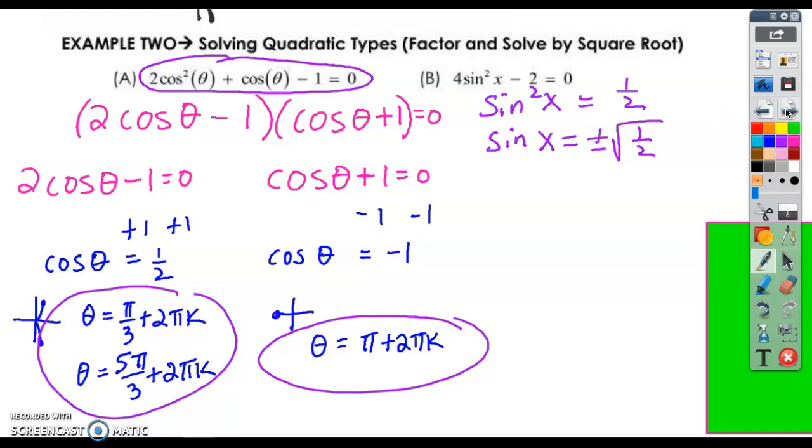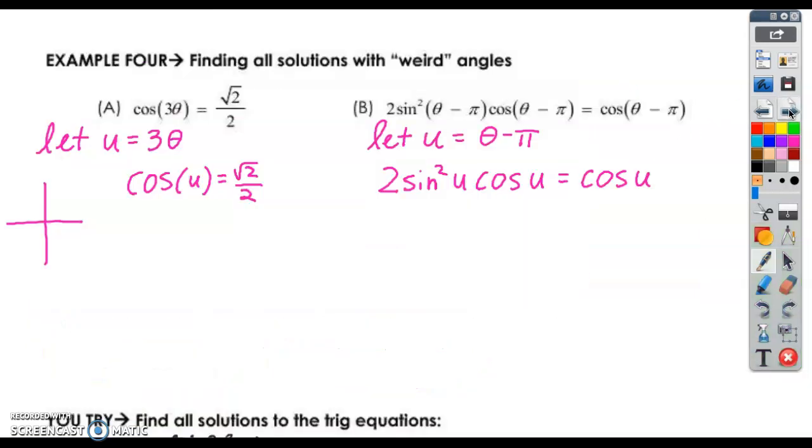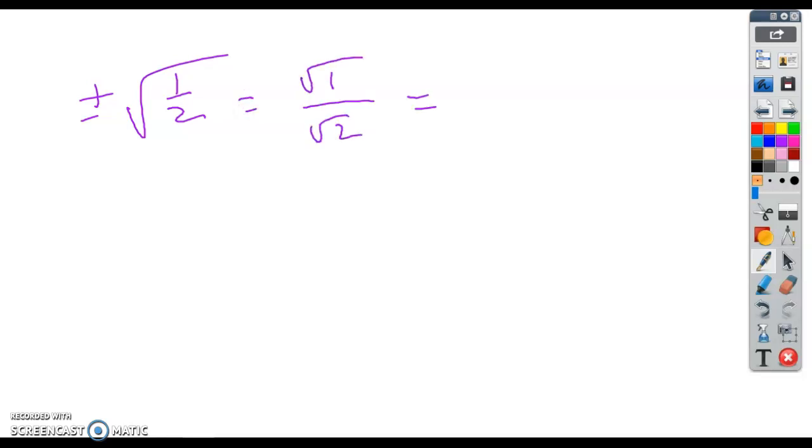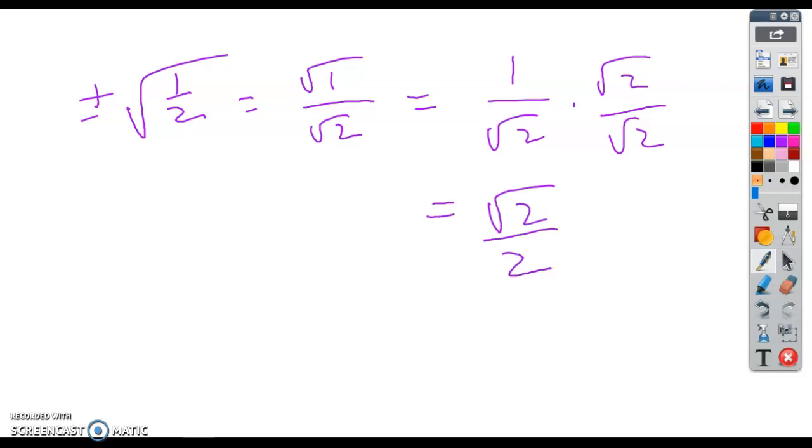Maybe I should do that on a different slide. Okay, plus or minus square root of 1/2. That's equal to square root of 1 over the square root of 2, which is 1 over root 2. Rationalize, I'm getting root 2 over 2, plus or minus. So go back to that slide.